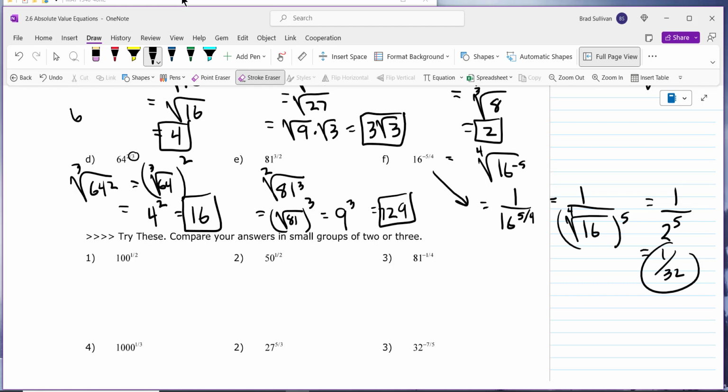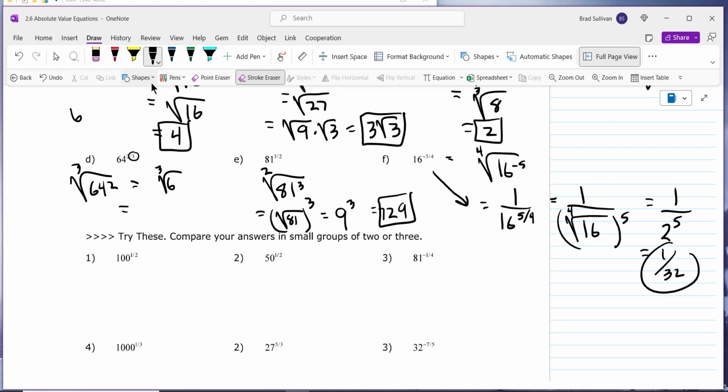Yeah, because I still don't understand how you got from 4 squared. Okay, so back on D, what I did was I did this. The first essential thing you have to know is this becomes the third root of 64 to the second. You have to put the numbers in the right place. Okay, but you can either do 64 to the second on your calculator and get that huge number, then do the cube root, or you can do this.